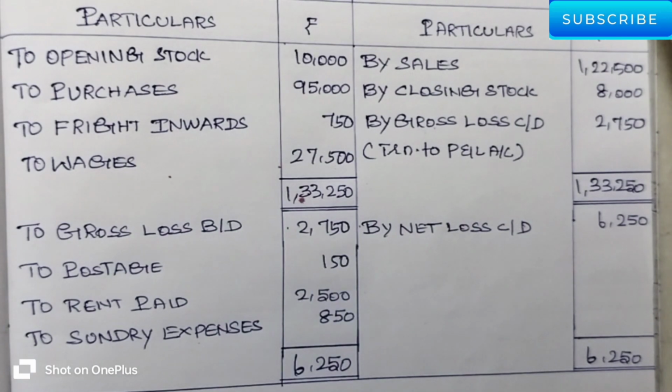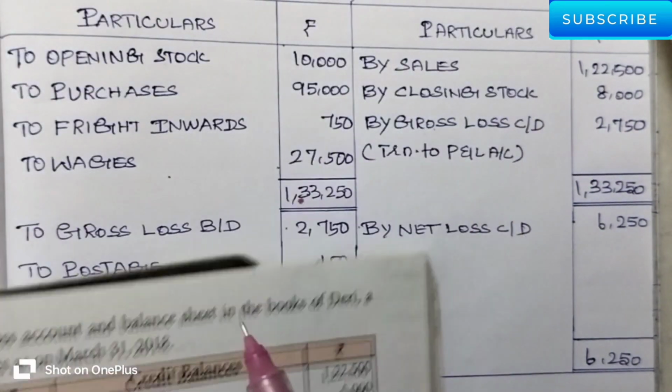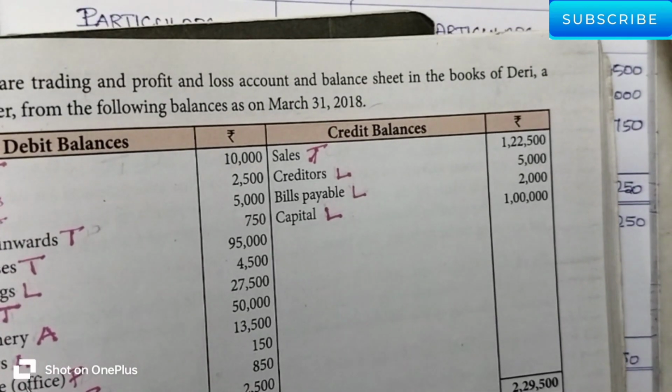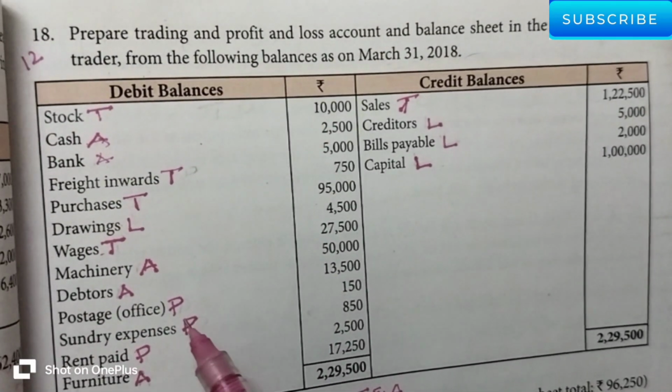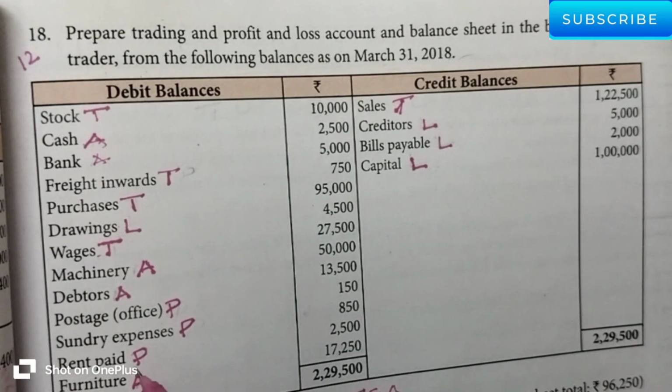We entered. After that, according to the given information, as per the question, you will enter the items which are related to the profit and loss account, okay. So after entering the gross loss, look here, in the given information you have to consider only those marked P, that means the profit and loss account, okay.